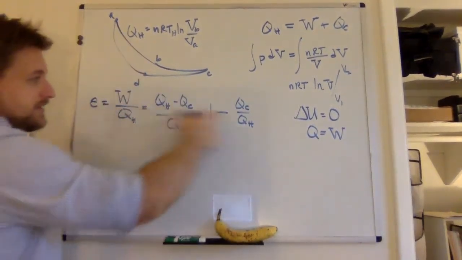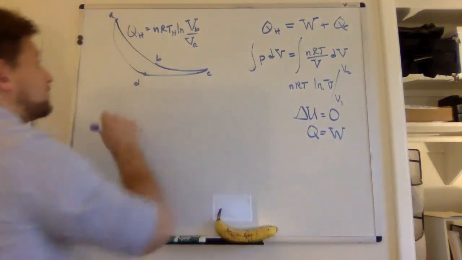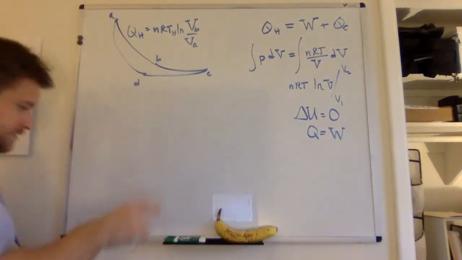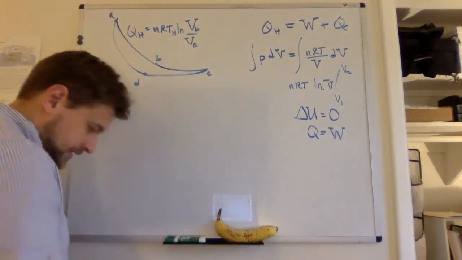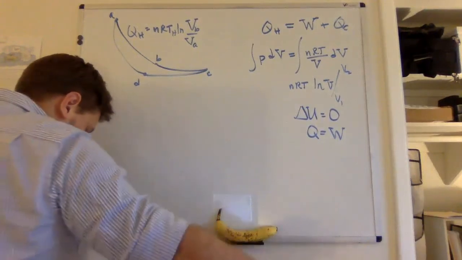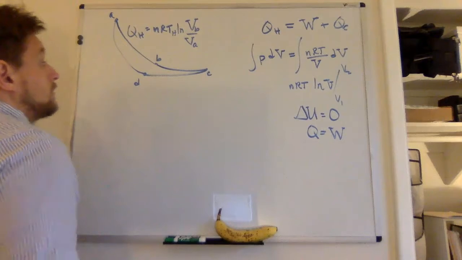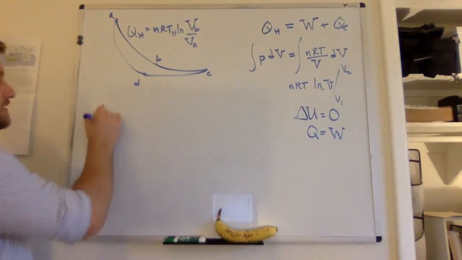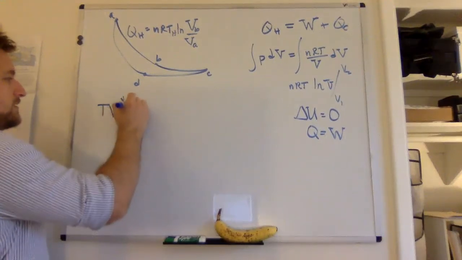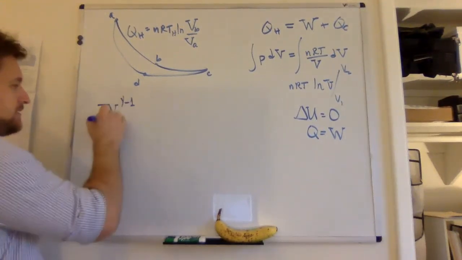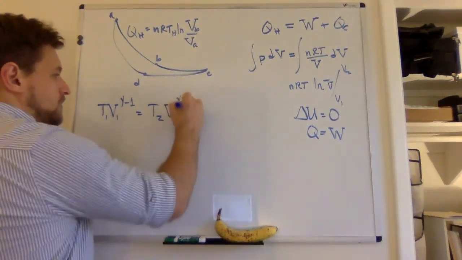So, I gotta erase this for a second. For an adiabatic process, Q is 0 and delta U is related to the work done. T V to the gamma minus 1: T1 V1 to the gamma minus 1 equals T2 V2 to the gamma minus 1.